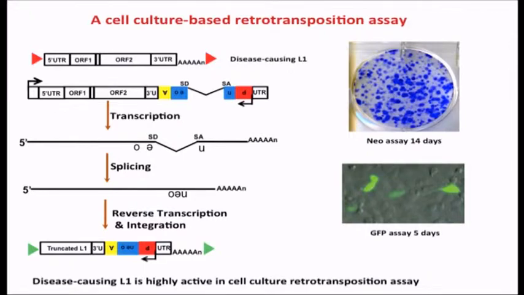Now back a while ago, John Moran in the lab worked out this cell culture-based assay for retrotransposition. And this is a very robust assay. Here's the element. He took, at that time, a neo gene, and it was in a backwards orientation with its own promoter and its own poly-A signal.